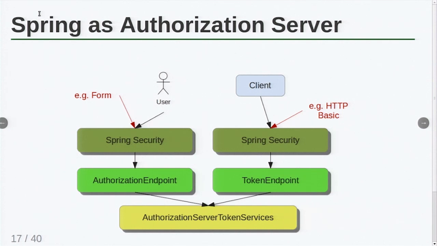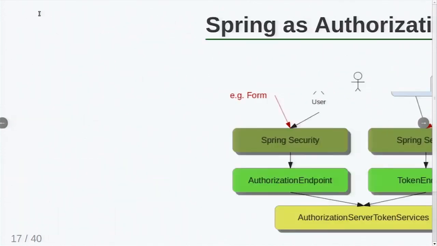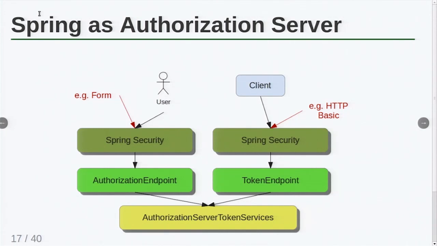So the token services in this case is where the token granting and minting decisions are all made. It's an interface with only a few methods, 3 maybe. I can't remember exactly. It's a slightly different interface than resource server token services, but because it's to do with the same tokens, they might share a certain amount of logic because they embody the contract between the 2 servers.